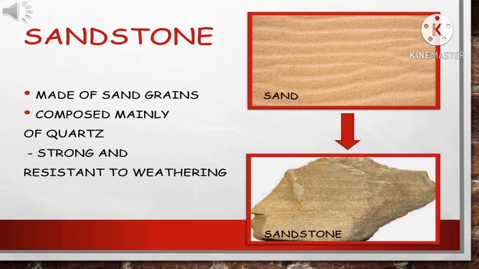This is made up of sand grains. Ang sediments na nagko-compose sa sandstone ay sand o yung buhangin. As you can see, the sand is composed of the mineral quartz. Okay? And then after the lithification process, as we have said a while ago, it will become a sandstone.